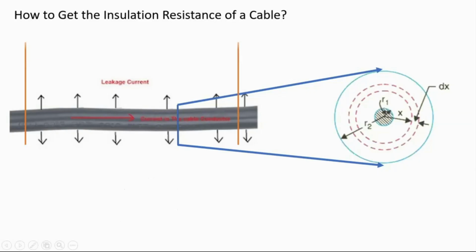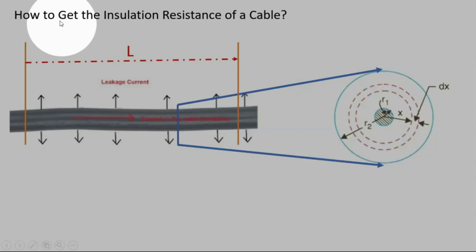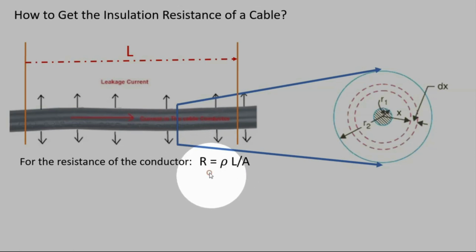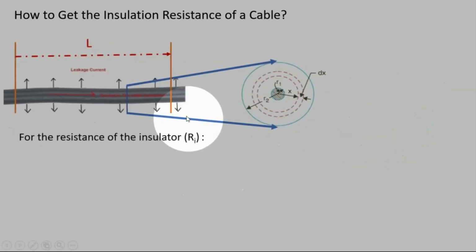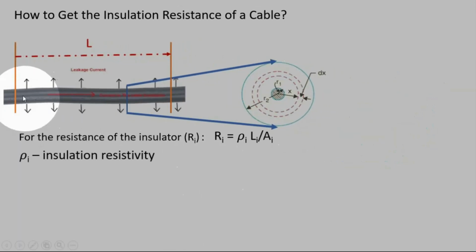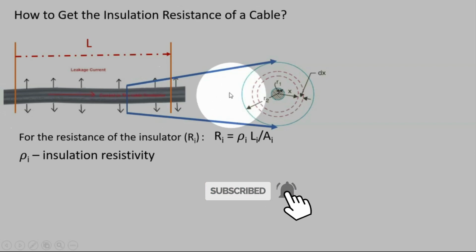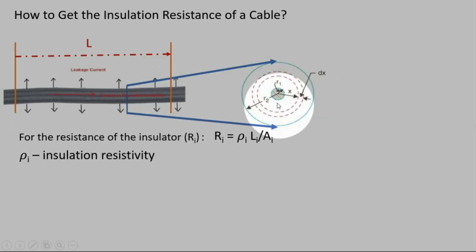Since we are looking for the insulation resistance, again, let us specify a length of this cable. We base our computation on this formula for the resistance of a cable wire, but we take it the other way around. Instead of looking at it in its length, we look at it in a circular view.